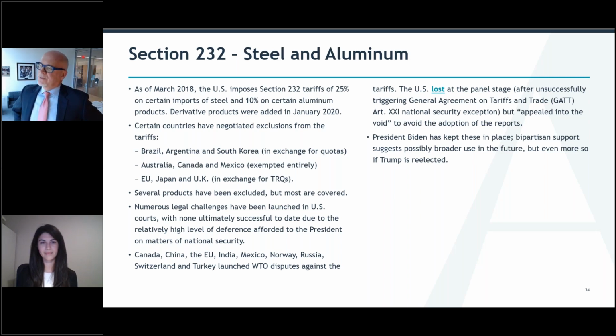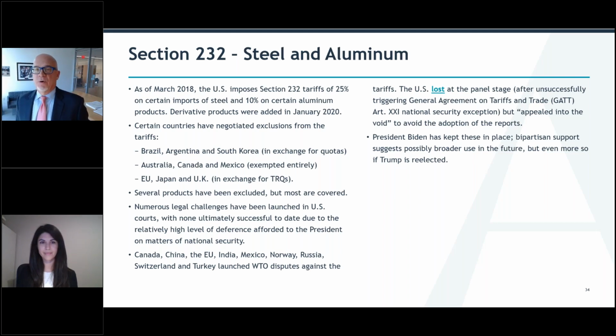The use of national security justification is another area where we're seeing challenges at the WTO, and the question is whether Article 21 of the GATT really provides an exception that is as broad as the United States claims.